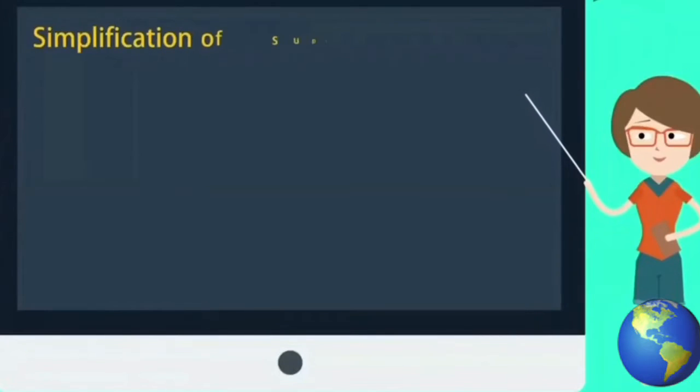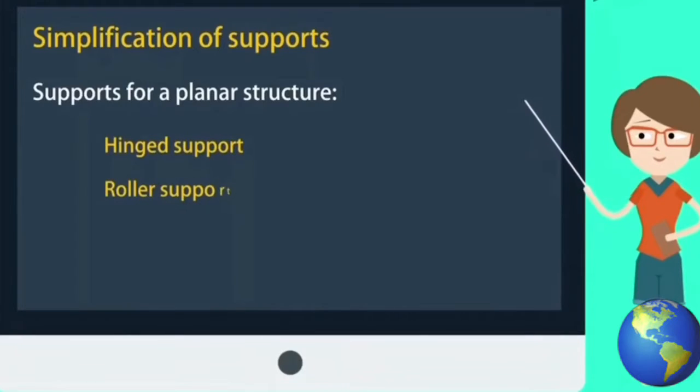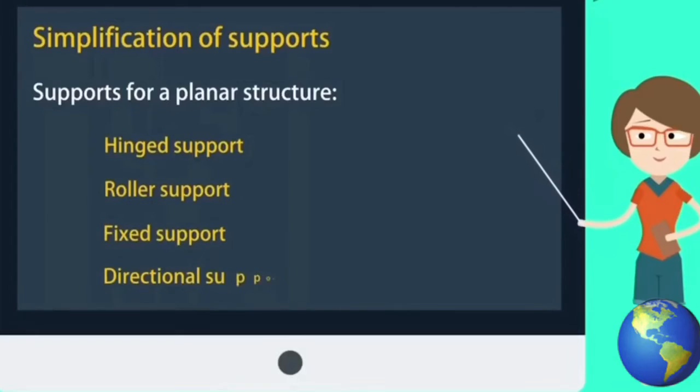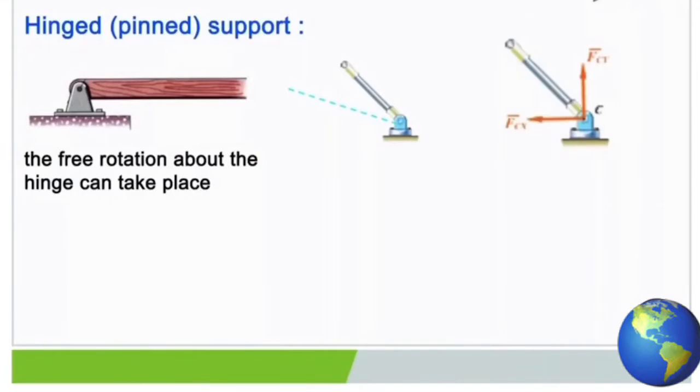Simplification of supports. There are 4 conventional types of supports for a planar structure: hinged support, roller support, fixed support, and directional support. Hinged support. This figure shows a hinged support. Only the free rotation about the hinge can take place.